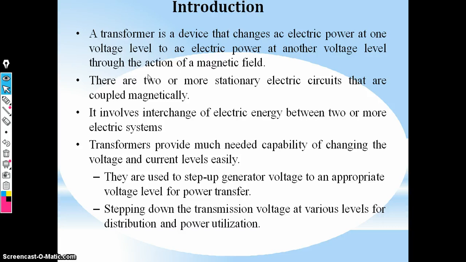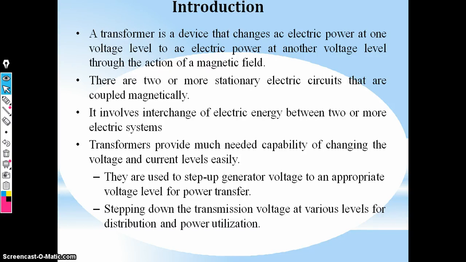Then also, we need an introduction. The transformer is a static device, and it changes the voltage level from one side to another side. That means the transformer consists of two or more stationary magnetic circuits, and these circuits are coupled to each other with the help of magnetic flux or winding.